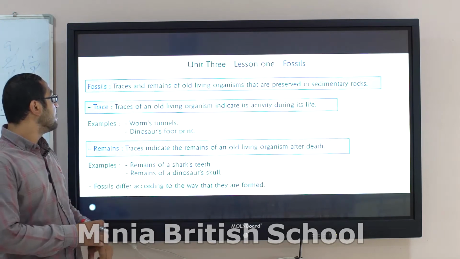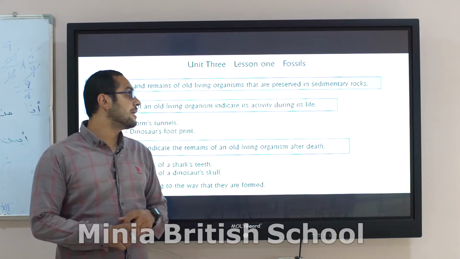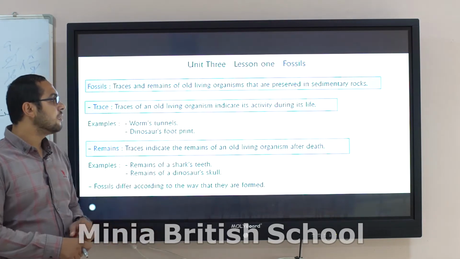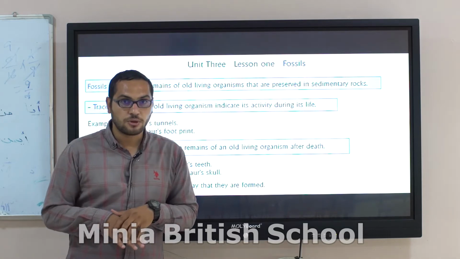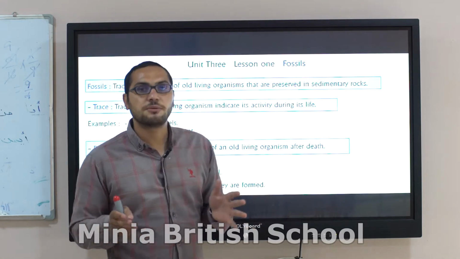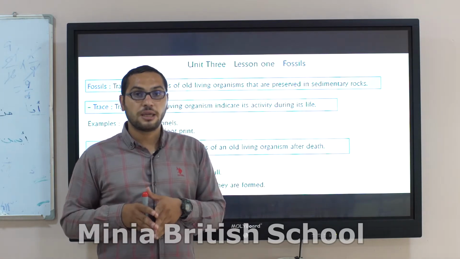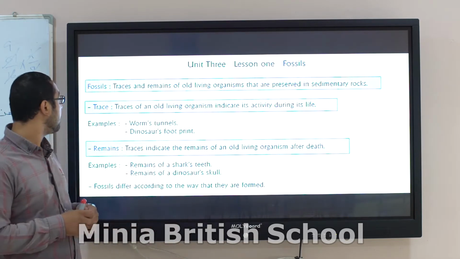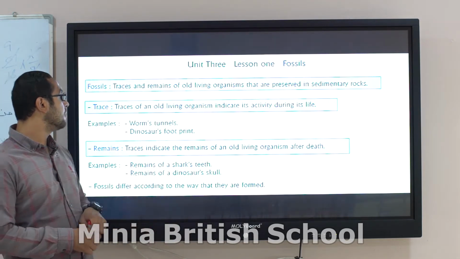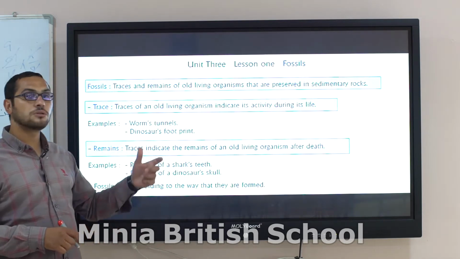The trace is a trace of an old living organism that indicates its activity during its life. Any animal during its life has traces. For example, worm tunnels and dinosaurs' footprints.